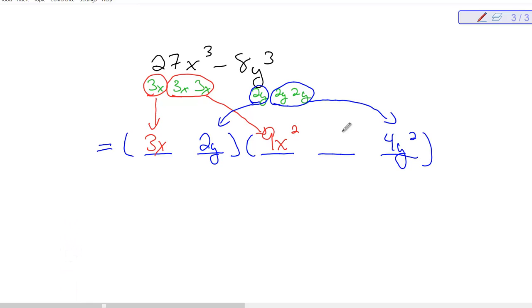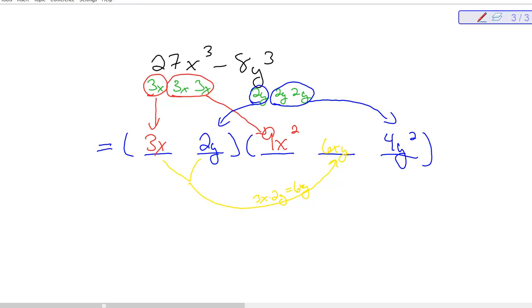Then it comes time for my middle blank here. I'm going to multiply the two terms of my first set of parentheses, 3x and 2y. So 3x times 2y will give me 6xy, which will go in my middle blank here.